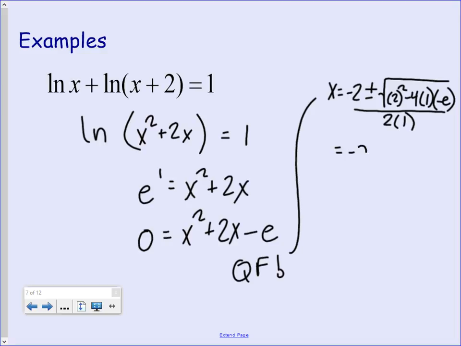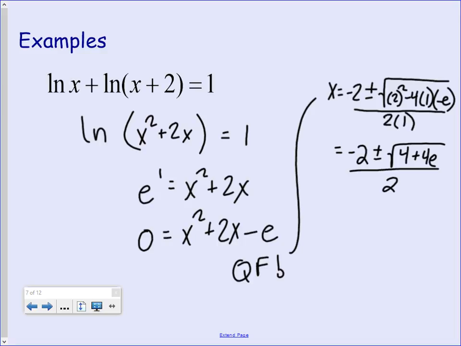But yeah, I would say this is negative 2 plus or minus the square root of 4 plus 4e all over 2. And so we might go to our calculator and figure out what 4 plus 4e is. Remember that when you're doing 4 plus 4e, it's like e to the first.